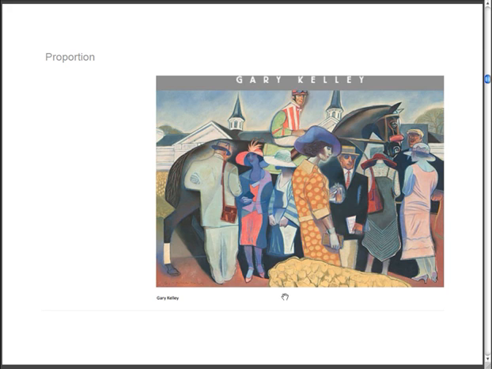So the illustrator is playing with proportional understandings, he's stylizing for the purpose of telling stories. There are times where we'll take a situation and tweak the proportions for effect or for just aesthetic choice or to tell the story.